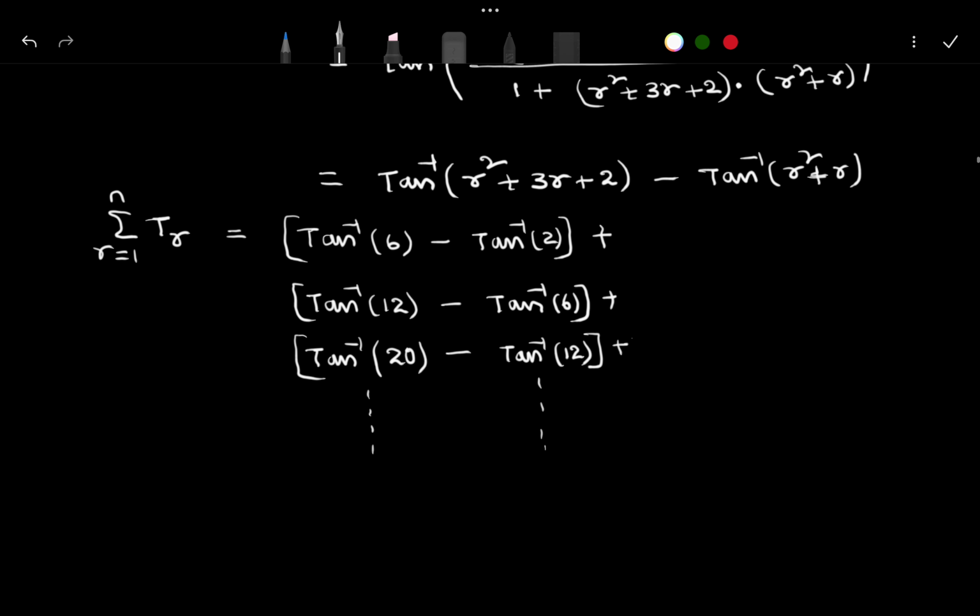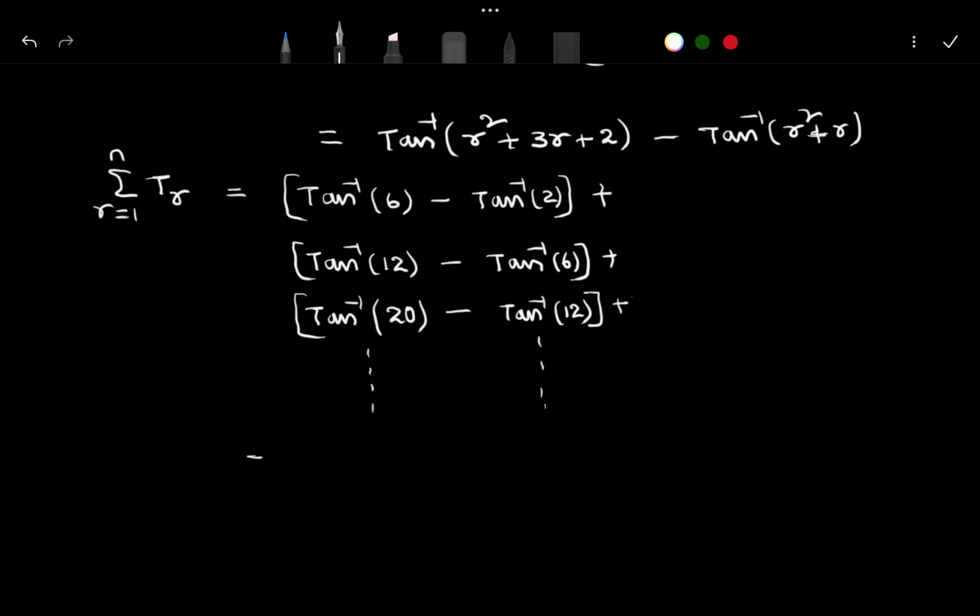What is the last term? That will be plus tan inverse of n squared plus 3n plus 2, minus tan inverse of n squared plus n. This one is the last term, by substituting r equals n.